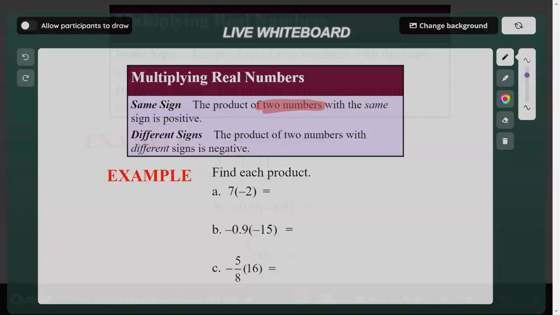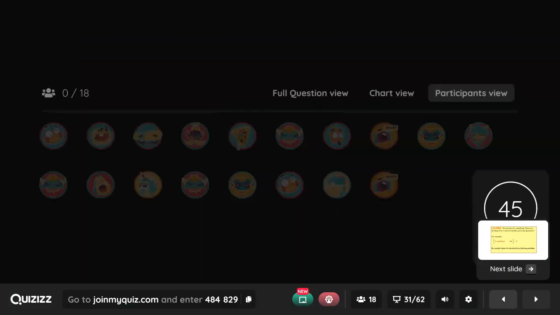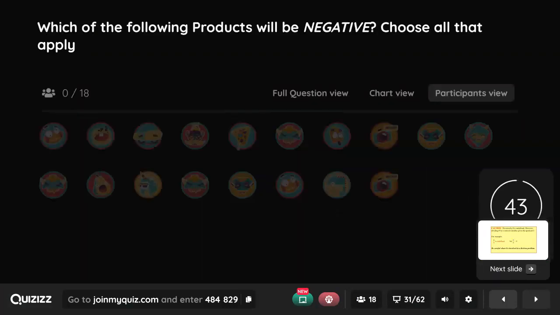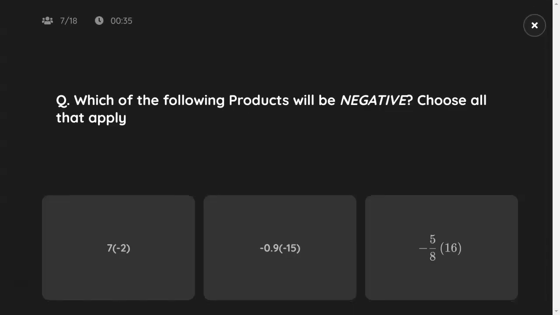Okay? So, I want you to look at these products and tell me which ones will be negative. Which of those products will be negative? All that apply.